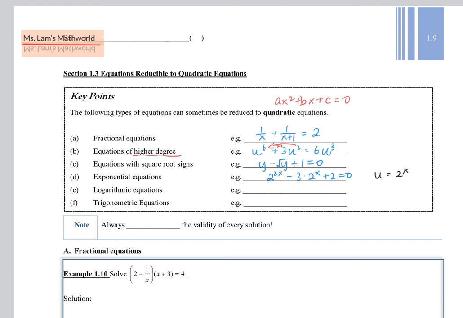Okay. Logarithmic equations. So log x squared plus 2 log x plus 1 is equal to 0. Trigonometric equations. So we have already learned it in Form 4 M2 cross.